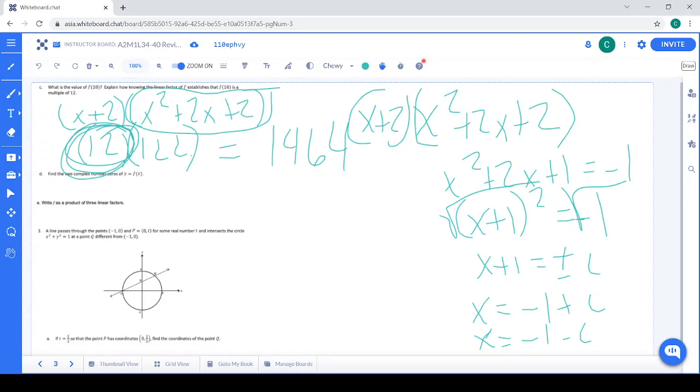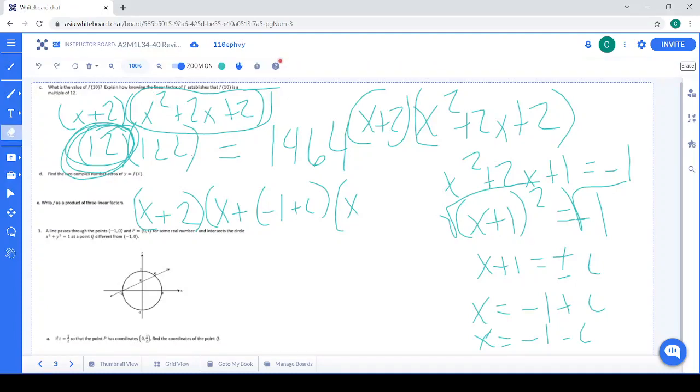All right, write f as the product of three linear factors. So we'd have x plus 2, and we'd have x plus negative 1 plus i, and x, actually that would not be correct, that would be a minus, sorry, x minus negative 1 plus i, and x minus negative 1 minus i.